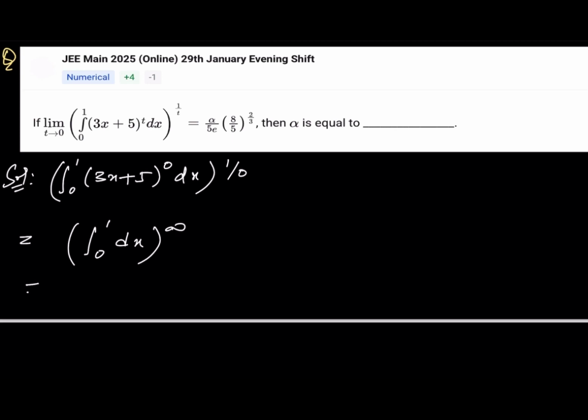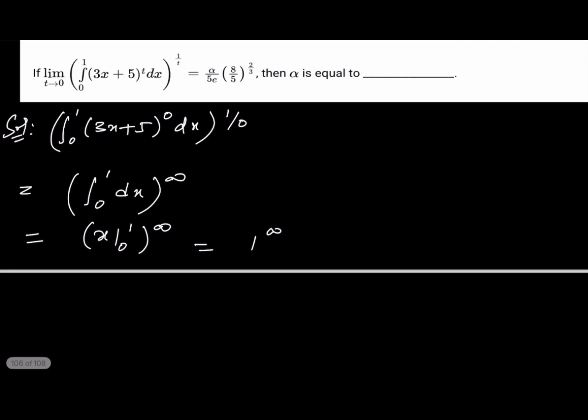The integral of dx is x within the limit 0 to 1, which is 1. So it is 1 to the power infinity. So the form is 1 to the power infinity, right students?